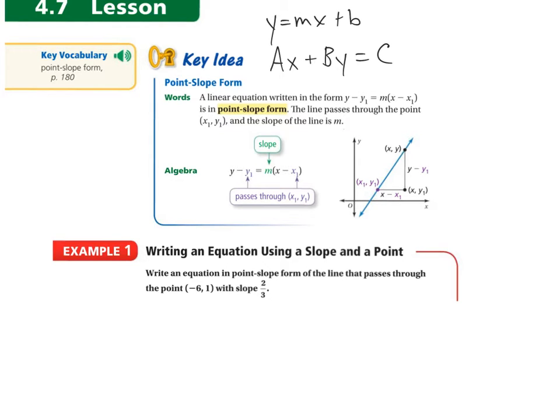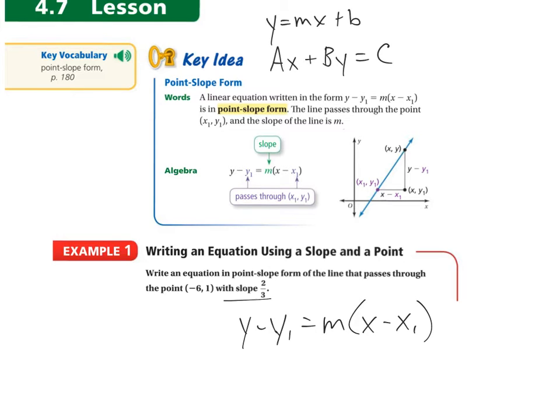So it's y minus y1 is equal to the slope times x minus x1, where y1 and x1 are basically points on the line that you know of.